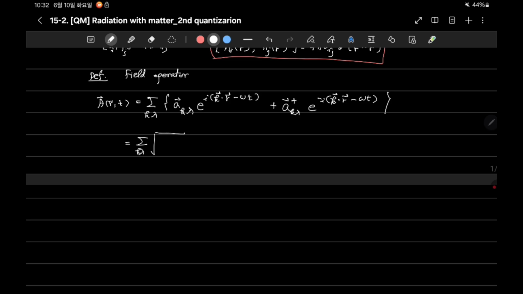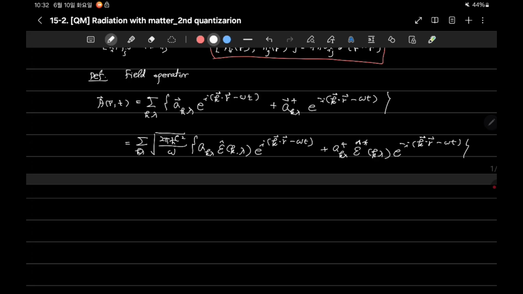The normalization factor is 2 pi h bar c squared over omega, and epsilon k lambda is the polarization factor, with the exponential i(k dot r minus omega t), plus a_k lambda dagger epsilon star k lambda, exponential minus i(k dot r minus omega t).